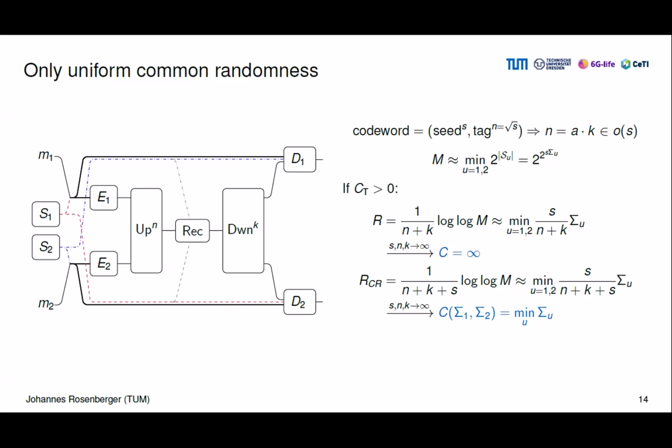In the case where randomness is for free, as we see, we get infinite capacity then. And when randomness costs something, so we also count it in the rate, we normalize also over S. This S divided by N plus K plus S converges towards 1 because N and K are negligible.